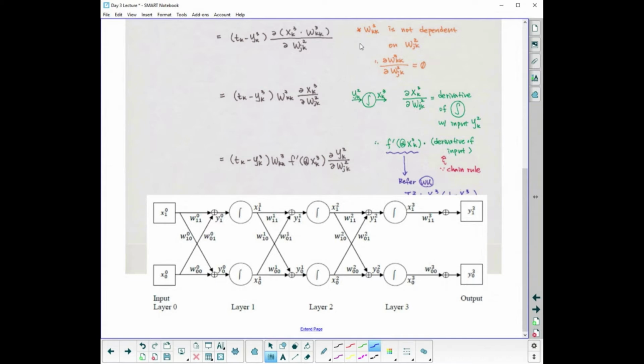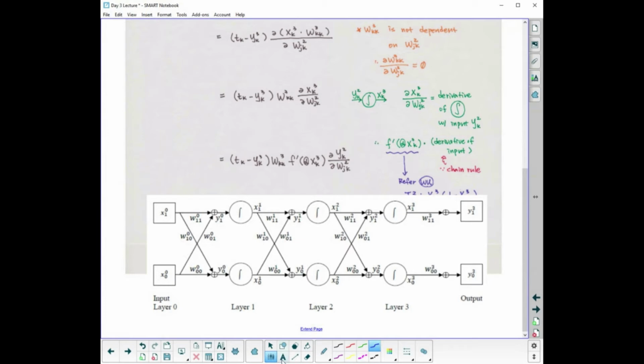So the second part is 0. So the first part is left. So you can see weight K to K layer 3 times partial of X sub K layer 3 with respect to weight J to K layer 2.